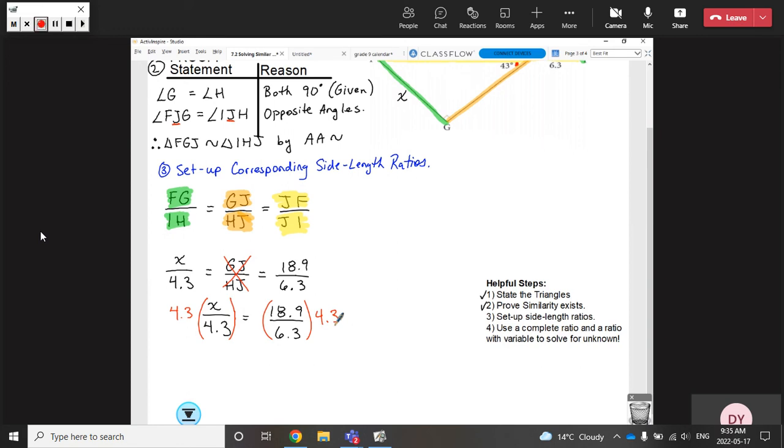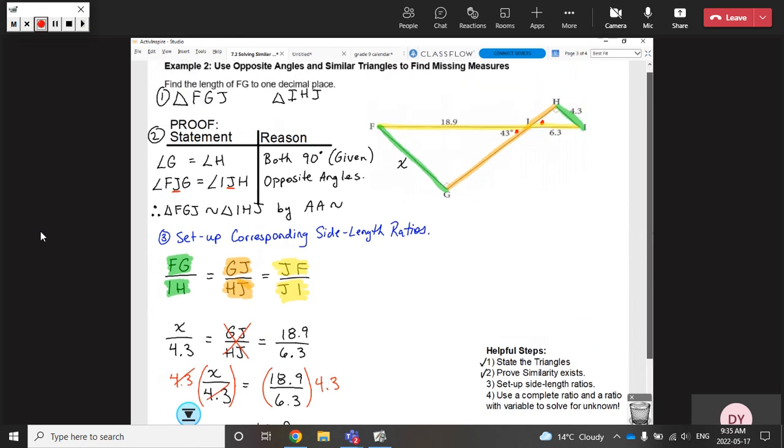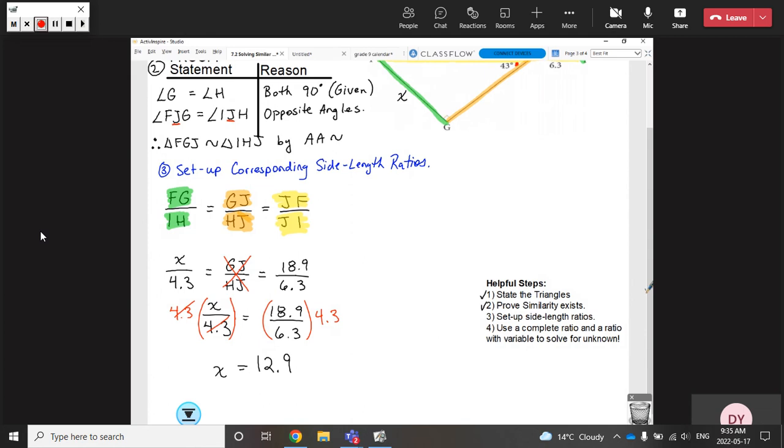That's pretty cool. Times 4.3 is 12.9. So x equals 12.9. There's no units again. So we'll say therefore, side length FG is 12.9 units.